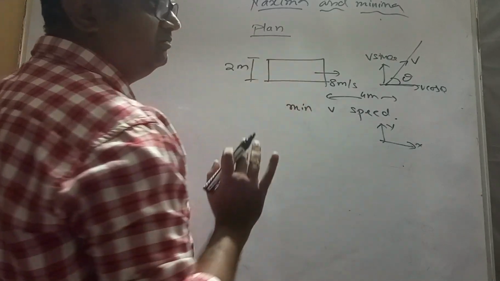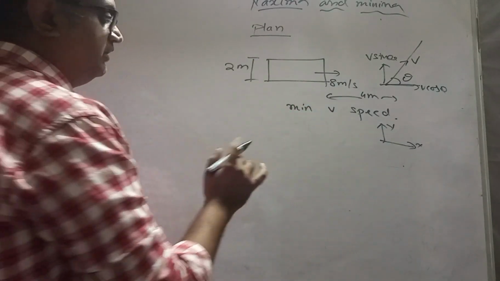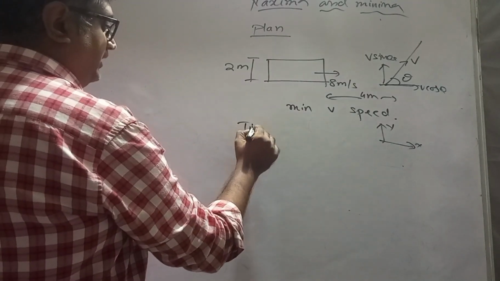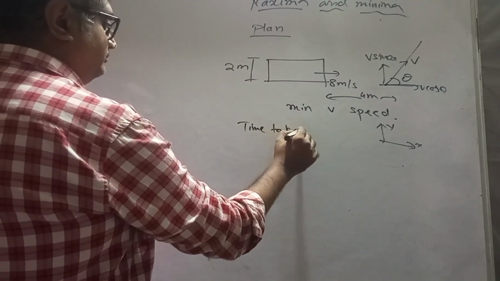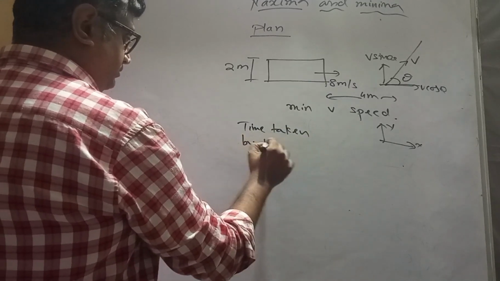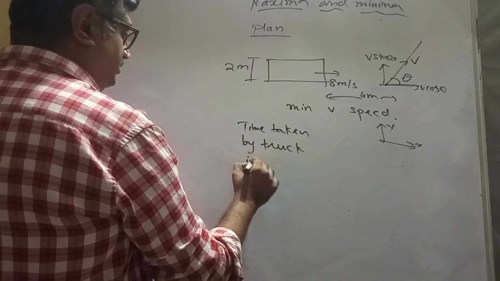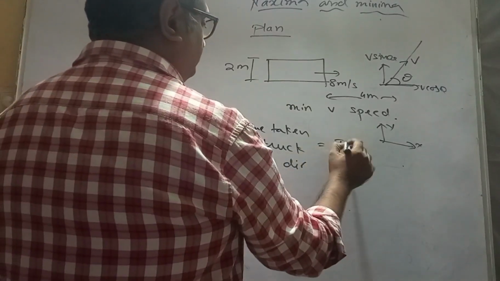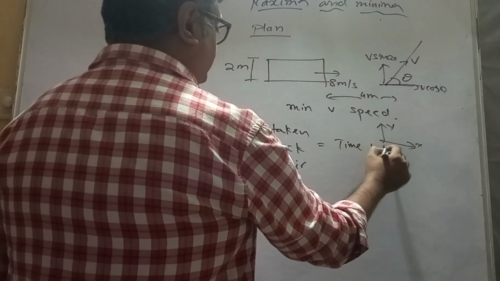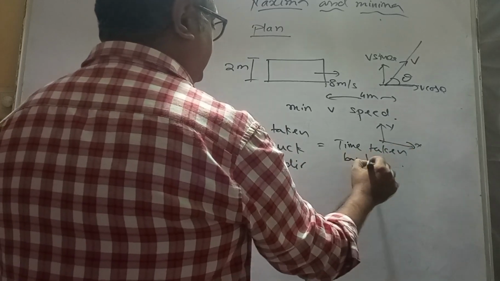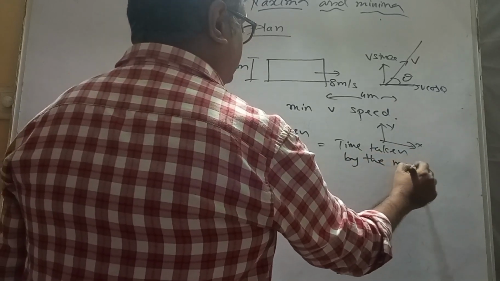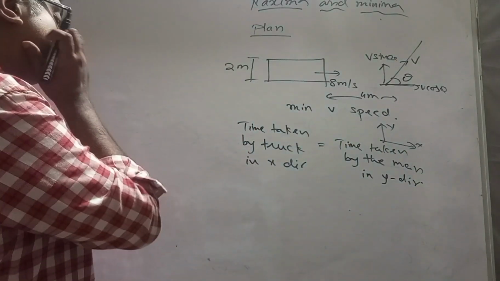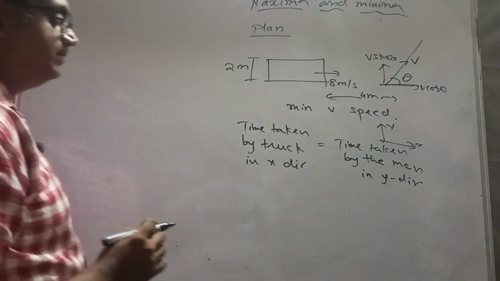That means the time taken by the truck in x direction would be just sufficient for the time taken by the man in the y direction. So we will be dealing with the components here.